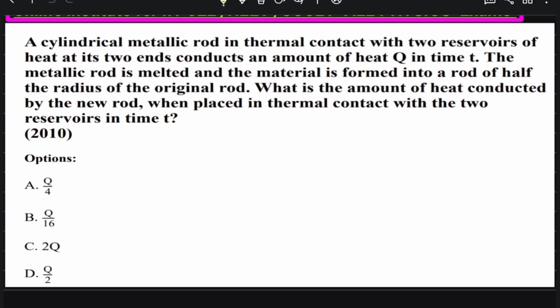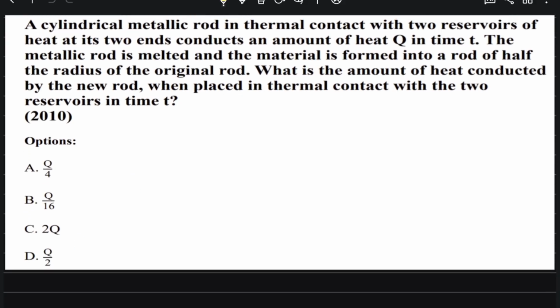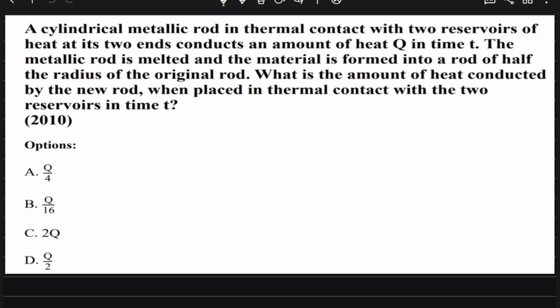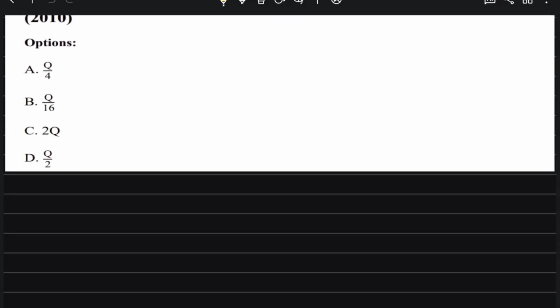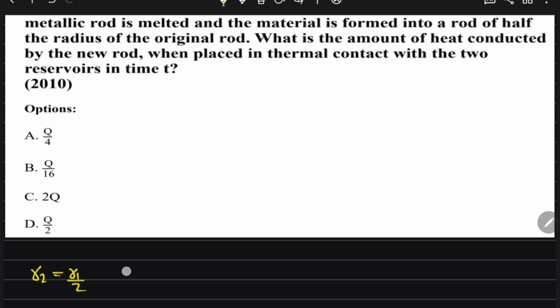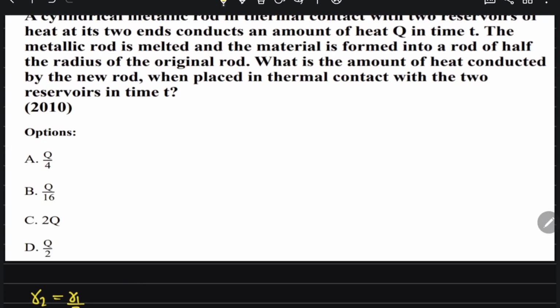What is the amount of heat conducted by the new rod when placed in thermal contact with the reservoirs?